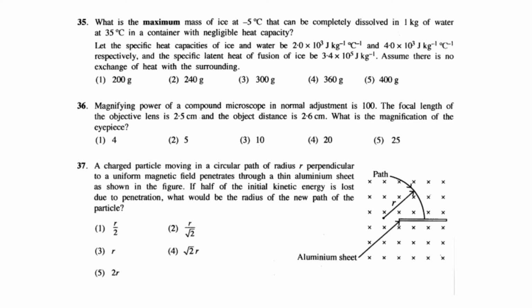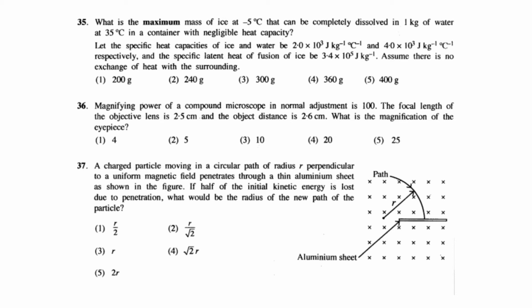Then U is 2.6, F is minus 2.5. By substituting, you get U over V equal minus 0.1 divided by 2.5. Then V over U, which is equal to MO, is 25. V over U is the reciprocal of U over V. V over U is 25.